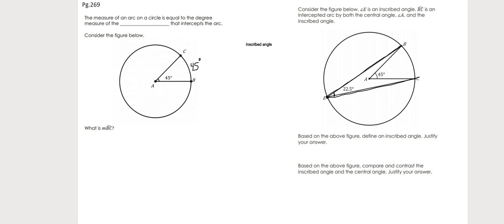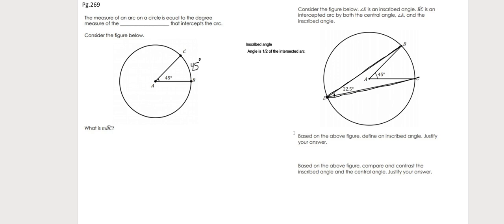Now, what you need to know that is different is that the inscribed angle is half of the intersected arc.